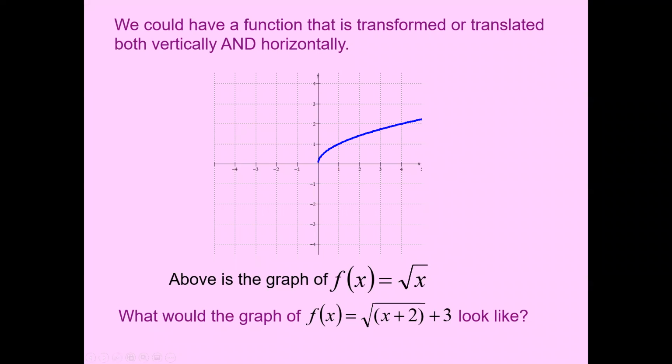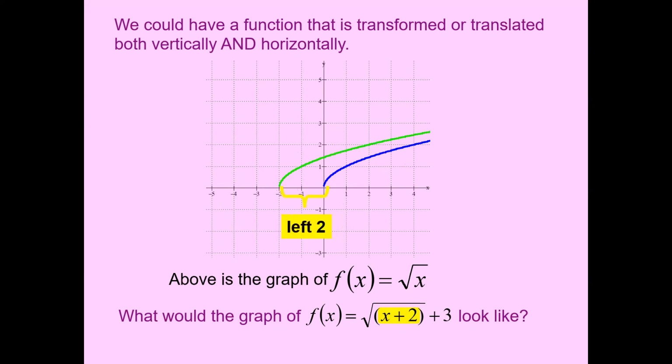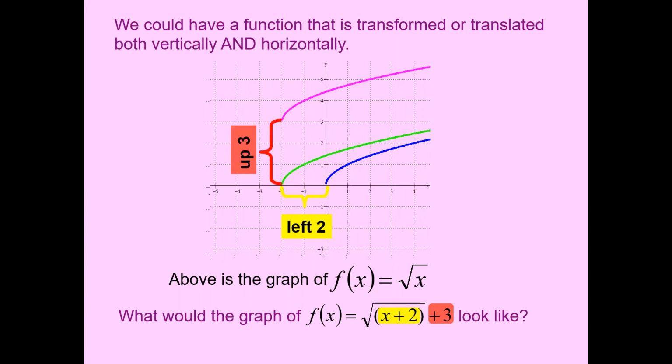The inside, x plus 2, it's part of your variable x. So this is the shift that it's going to be moved to the right or to the left. In this case, it's going to be to the left 2 units, or horizontally 2 units to the left, and then up 3 units.